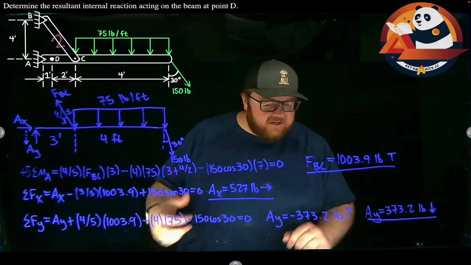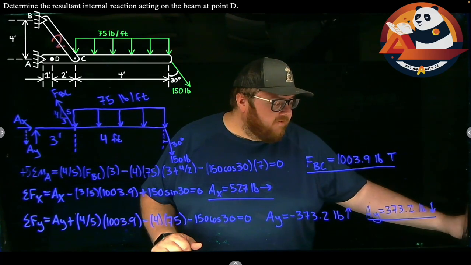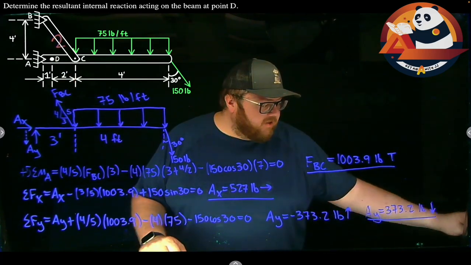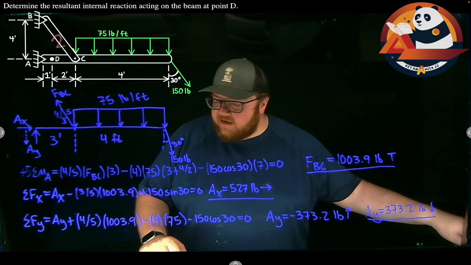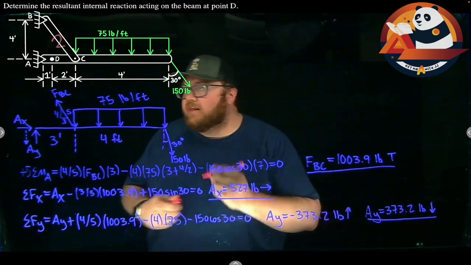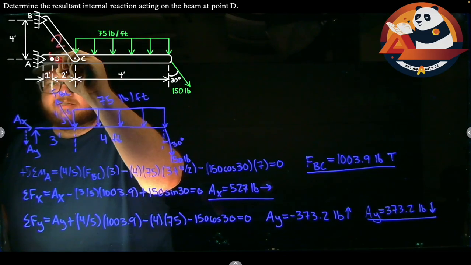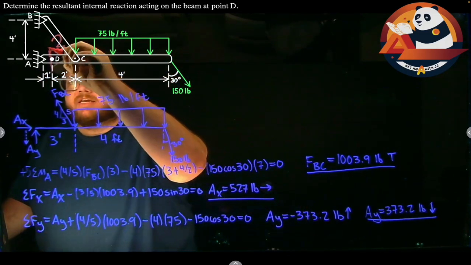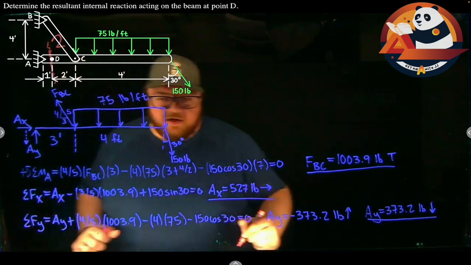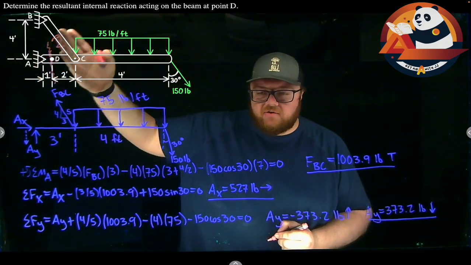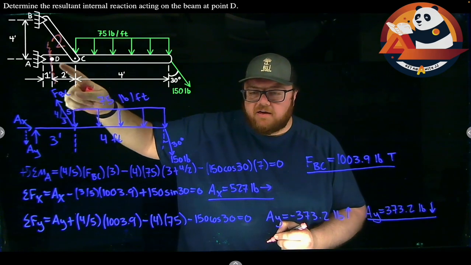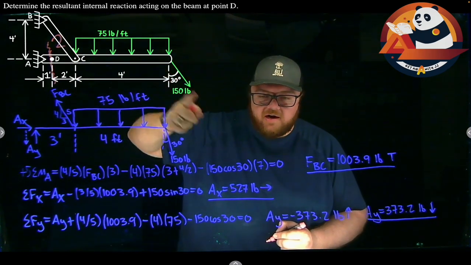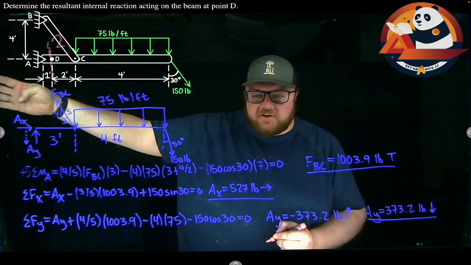Then I can come in and start trying to figure out, how do I figure out what's going on internally right here at point D? So if we're doing internal forces, I know I'm going to need to make a slice that goes right through point D. So we're cutting here, slicing right through D. That slice could either circle around to the right edge of my beam, going through C, where we get FBC, that distributed load, our force here, or I could circle around to the left side.